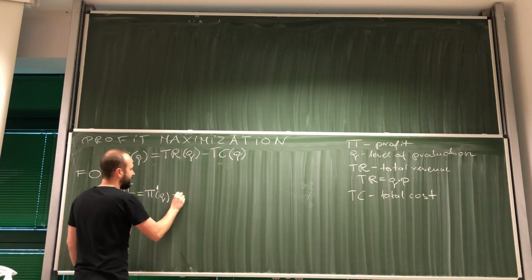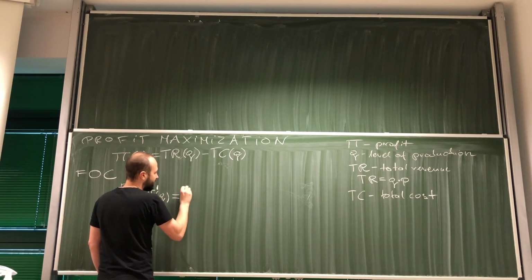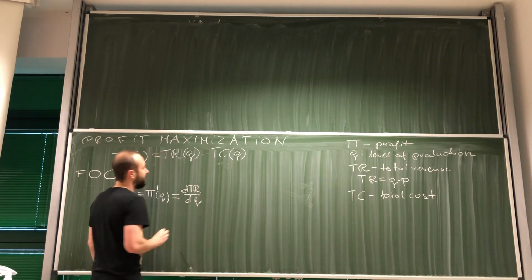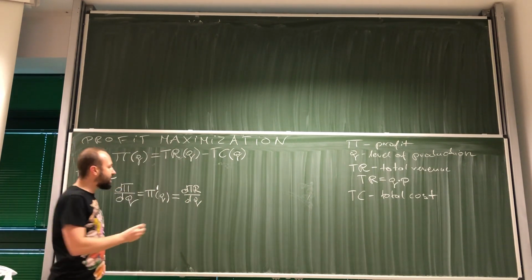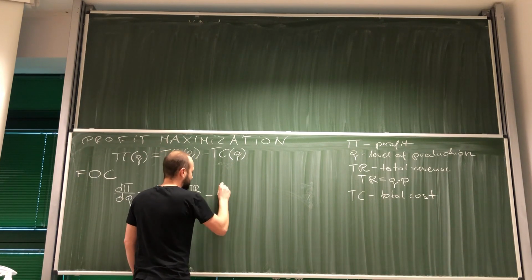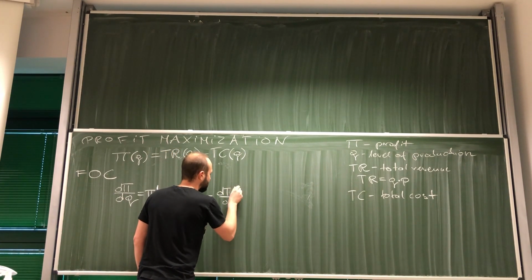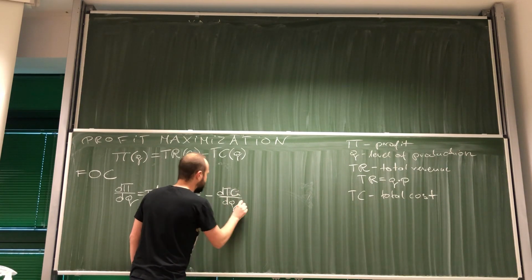Okay, and now look, we need to calculate the derivative of what is on the other side. So we need to take the first derivative of total revenue with respect to quantity and subtract from it the derivative of total cost with respect to quantity.